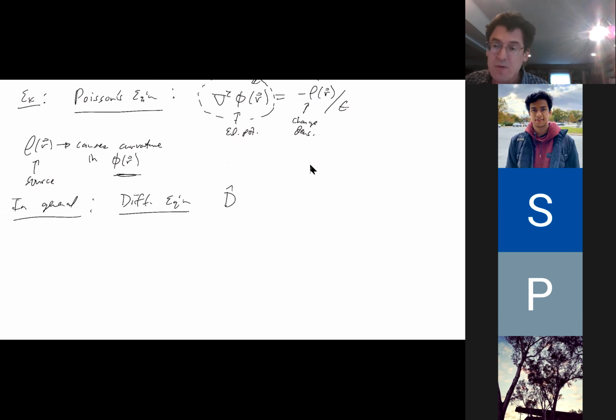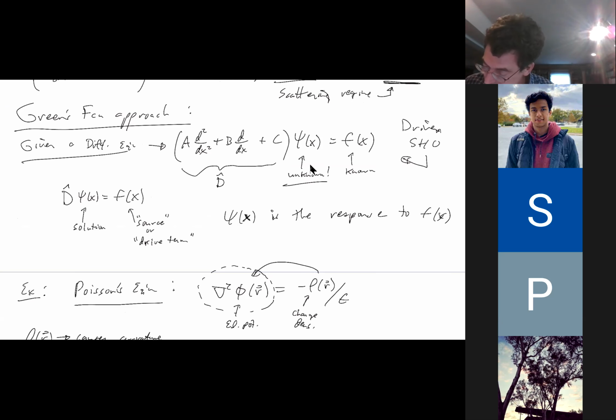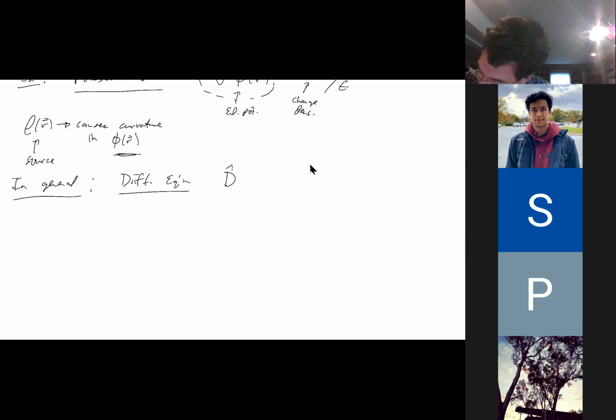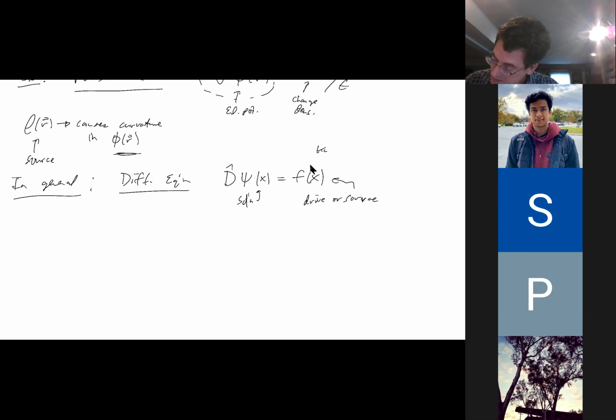Some differential operator, which could be curvature or whatever, like the one I gave you in the example, acting on my solution is equal to my driving term or source term. And I have to solve it. This is typically known, and this is unknown.